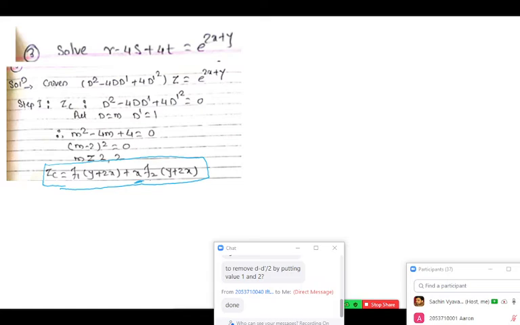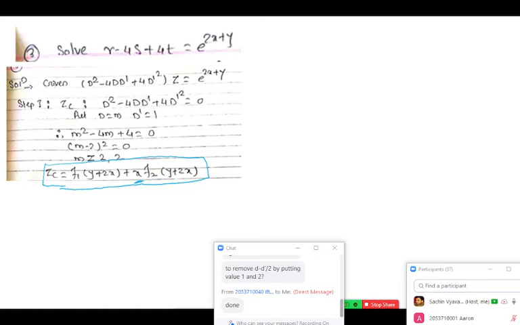D by 2 and D dash by 1, because it is e raised to ax plus by. If we compare it to e raised to ax plus by, we replace D by a and D dash by b. Here, we replace D by 2 and D dash by 1.